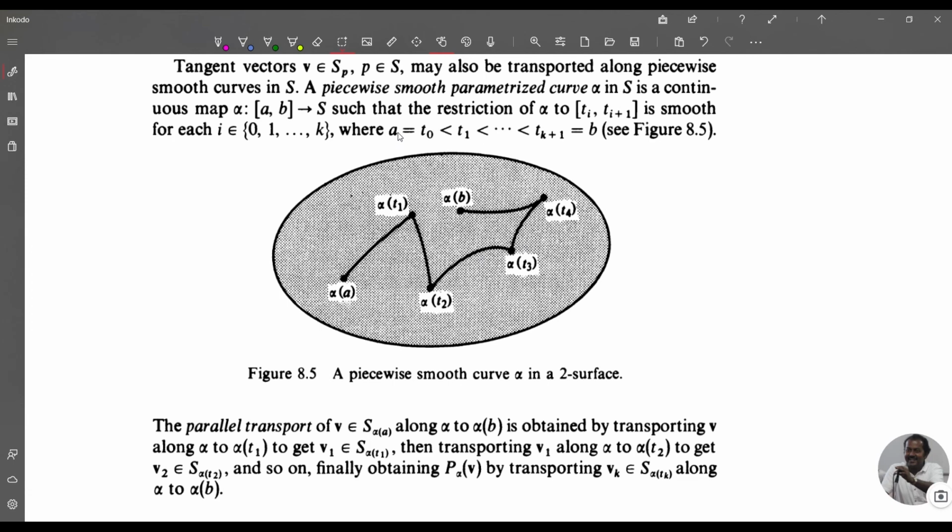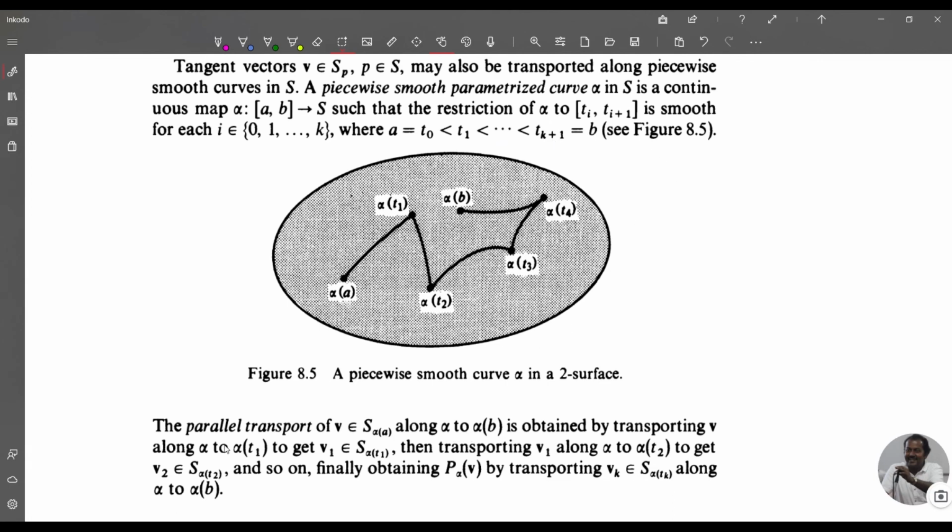A piecewise smooth parameterized curve alpha in S is a continuous map alpha from [a, b] to S such that the restriction of alpha to [t_i, t_{i+1}] is smooth for each i in 0, 1, etc., k, where a equals t_0 less than t_1, etc., less than t_{k+1} equals b.